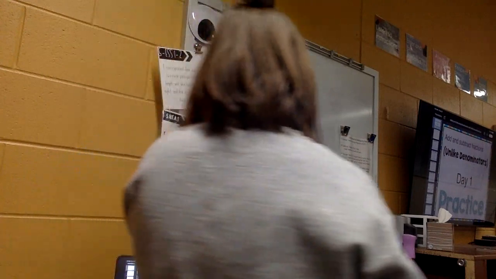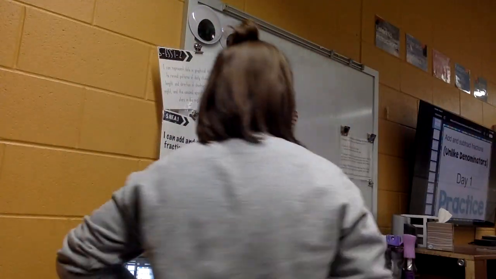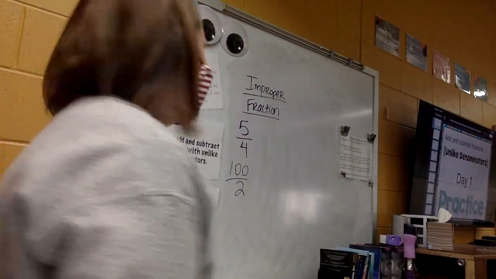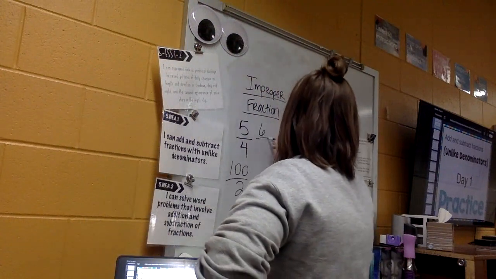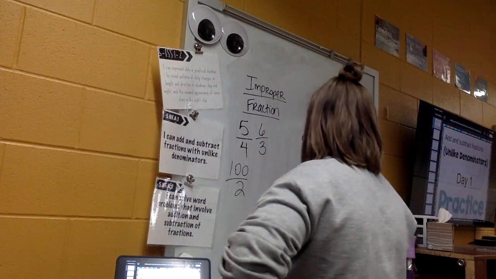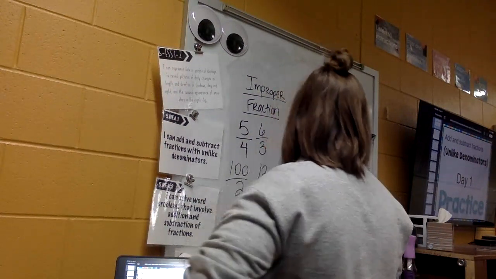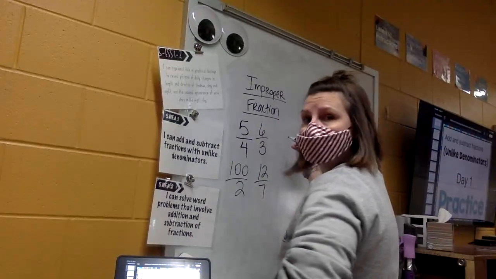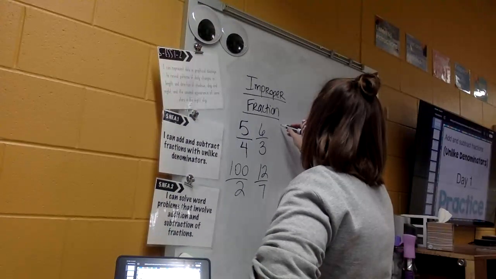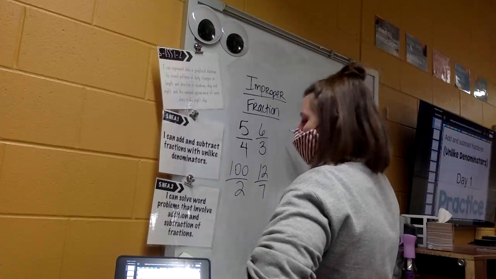Cash, give me another example. 100 halves. Aiden? 6/3. Okay. Andy? 12 sevenths. Bailey? 6 fifths. The numerator has to be bigger than your denominator.